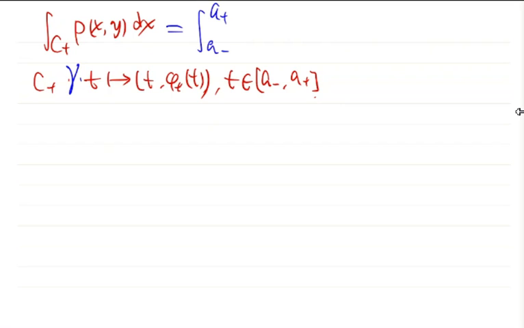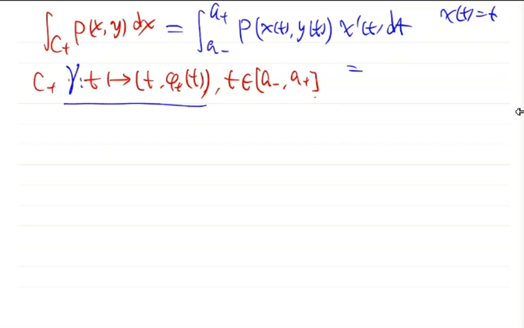If this is denoted by gamma, p(x(t), y(t)) times x'(t) dt, since dx is x'(t) dt. Now x(t) is t by the parameterization, therefore x'(t) is precisely 1.